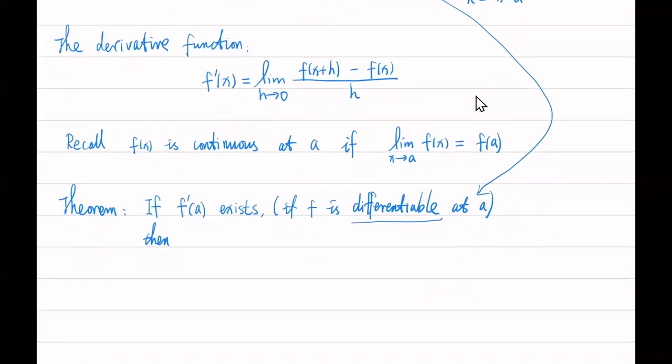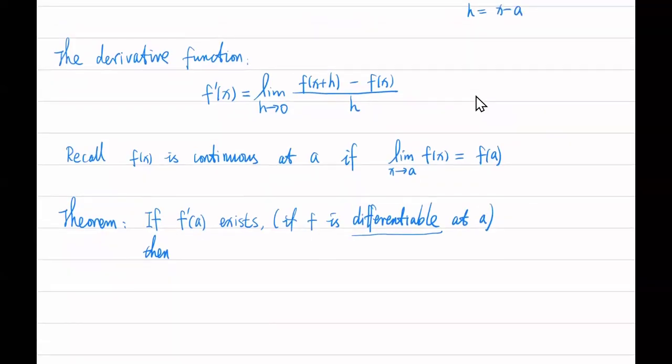Okay, maybe I should say it in a different order. Let me move this. I think maybe Sakina has her opinion, because differentiable and the limit exists actually are different if it's multiple variables. So her reaction may be right.